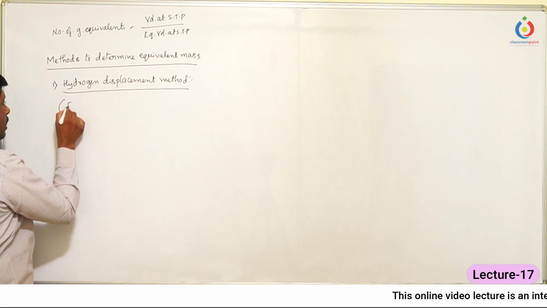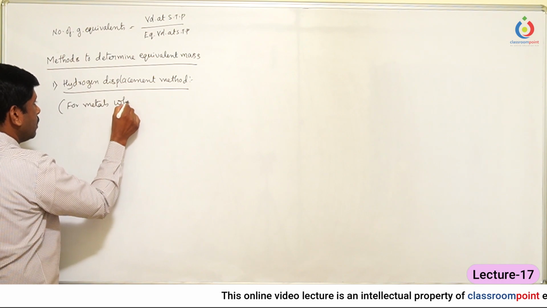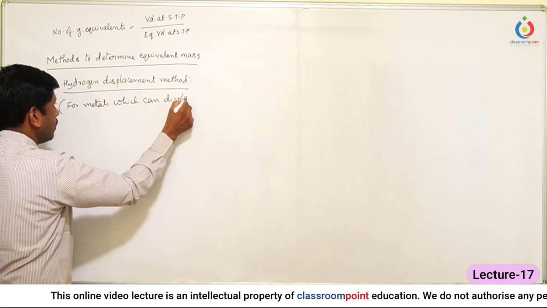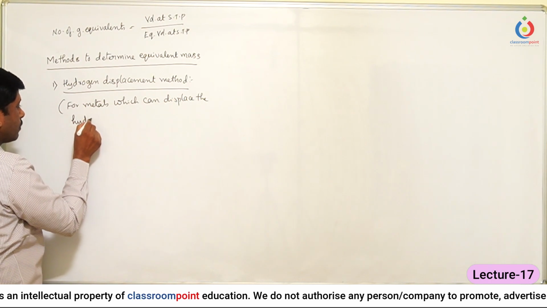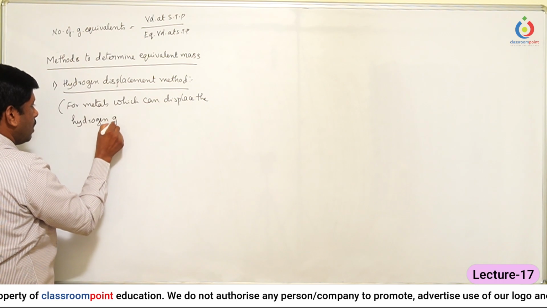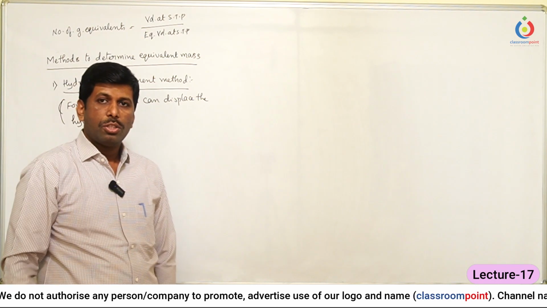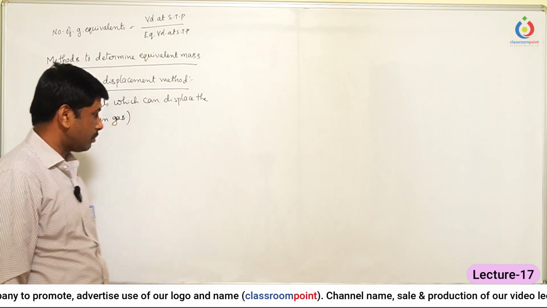This is for metals which can displace hydrogen gas, because not all metals can displace hydrogen gas after reaction with acids. Only a few metals can, and for them it is applicable.